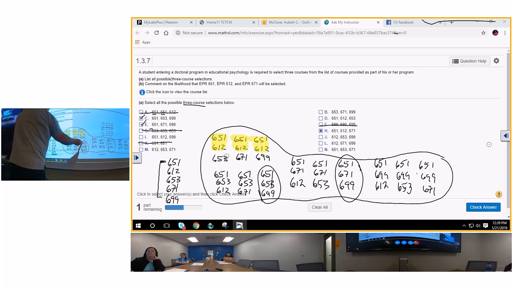Y'all see what I'm doing? I'm going through, I'm taking out what doesn't make sense, and I'm putting mine in. 612, 653. Here's 612, 653. There's 612, 653. It's one of these, isn't it? 671 right here.